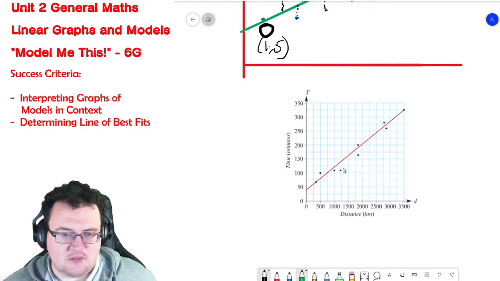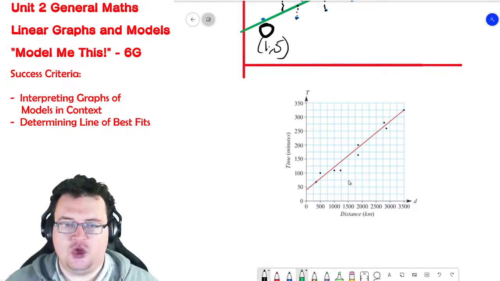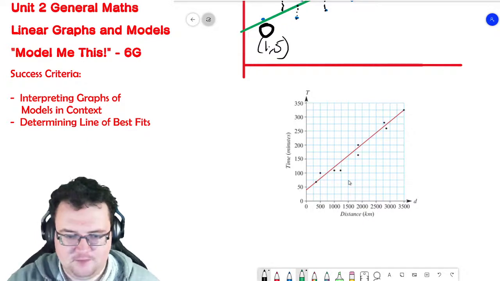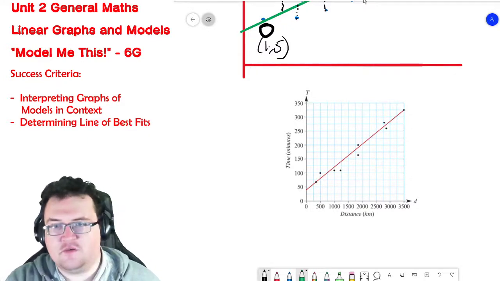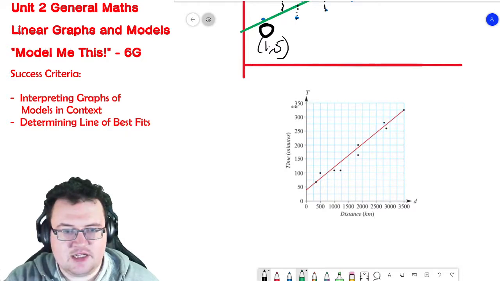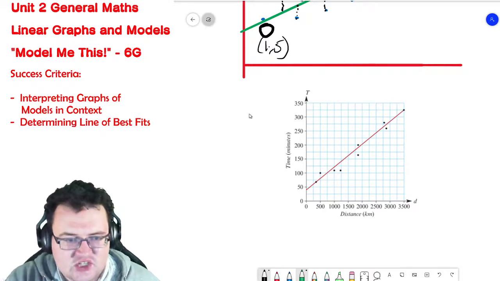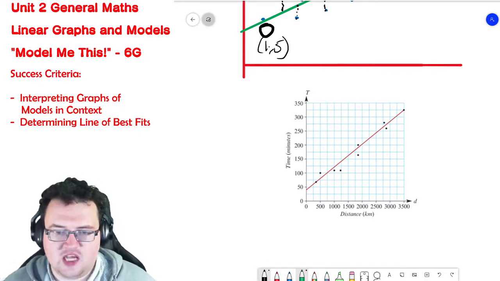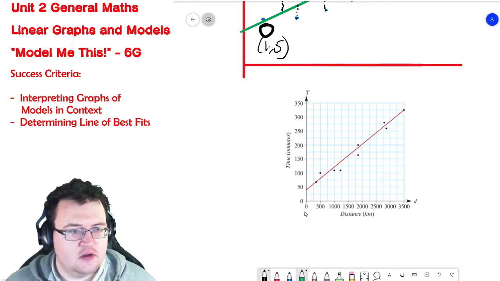It's not perfect, but it's still what you would describe as a positive linear relationship. All right. So from here, the question I'm going to ask is, what is the equation for the line of best fit?